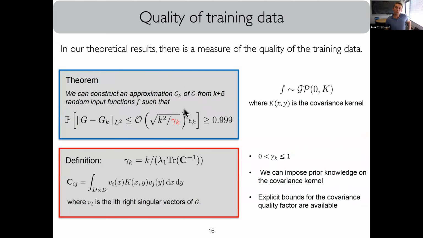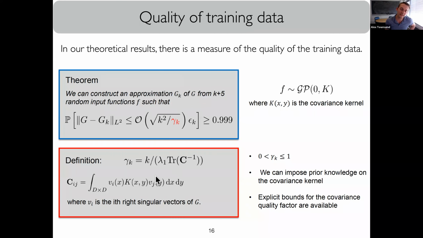Just to say a little bit more about this quality of training data, because this is the insight that we use when we now flick to neural nets, is this gamma k here, that quantity measuring the roughness of the input-output data.